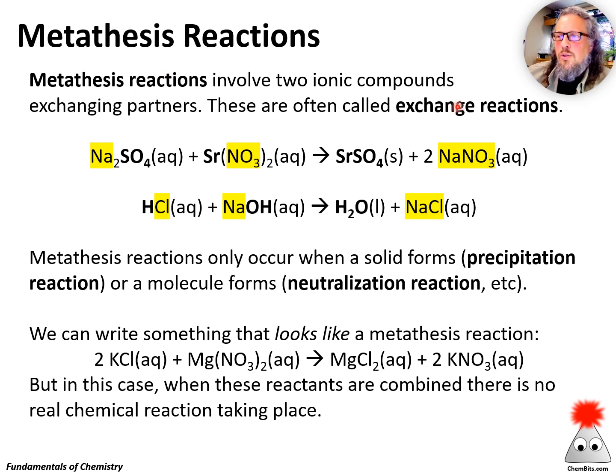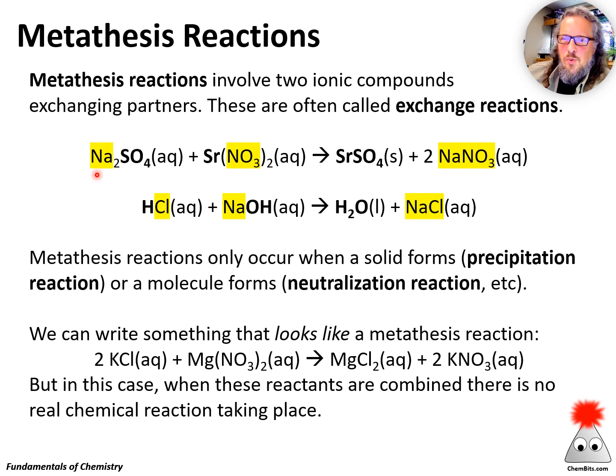So what does a reaction like this look like? Well, here's one, and I've done a little bit of highlighting just to help us see that partner swap. Sodium sulfate, Na2SO4 aqueous, reacts with strontium nitrate to form strontium sulfate and sodium nitrate.